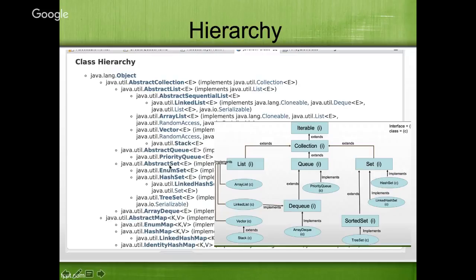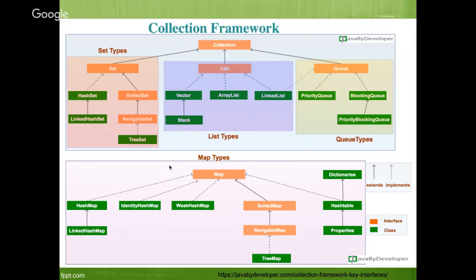This is why they talk about the framework or the structure of collections. Here is a nicer diagram that includes maps as well. Maps are down here, and the orange ones are interfaces, and the green ones are classes.